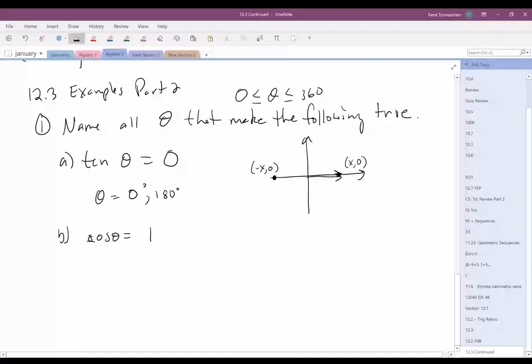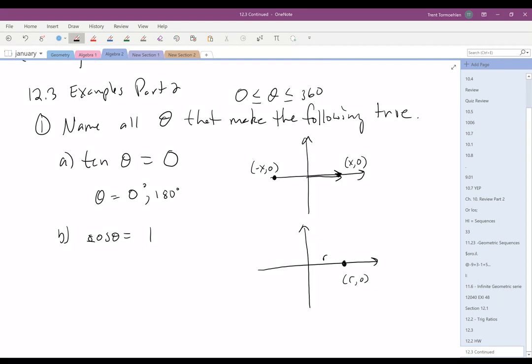The only way that's possible for the cosine of theta to be equal to 1 is, also kind of like the last problem, if it's on the x-axis. If this is r, remember that r is the distance from the origin to the point. If on the x-axis, this would be r, which means that our x value would be r. And so when we do the cosine of theta, we get r over r, which does equal 1.